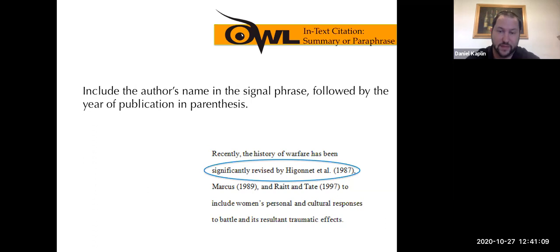For APA 7th edition, it shows you when you have one author as a signal phrase citation, when you have two authors as a signal phrase citation. So if you look at Higonnet et al., you could deduce that the new APA style suggests that anytime you have three or more authors in the body of the text, you use et al. So Higonnet would have three or more authors.